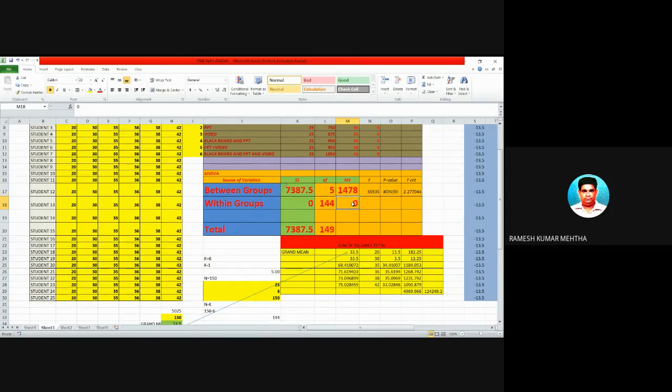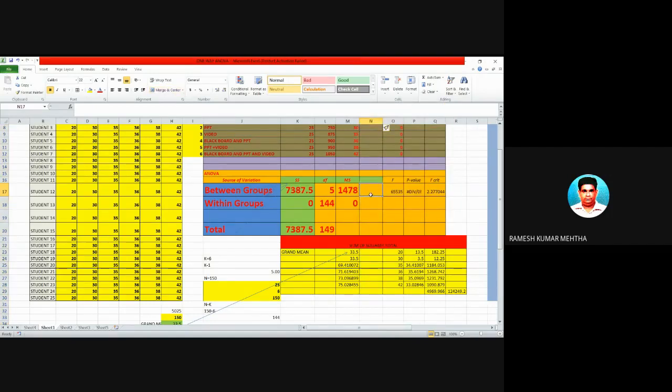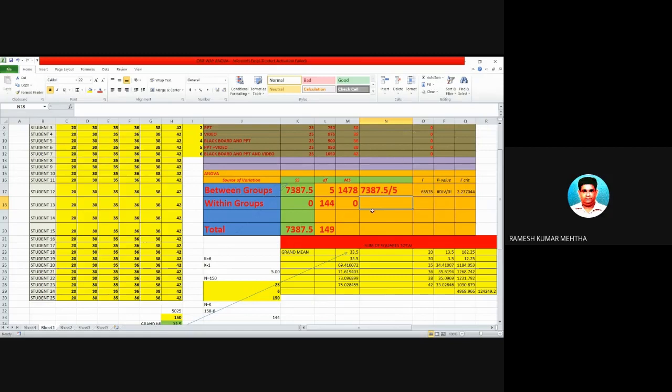Now, to find this out, what I have to do is MS between groups. I will show you here just a moment. Insert: MS between groups, please remember, is equal to 7387.5 divided by the degree of freedom.